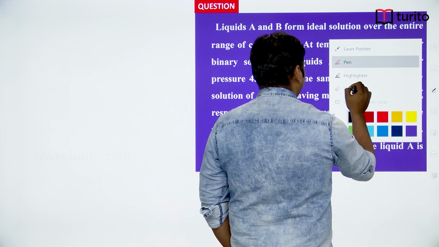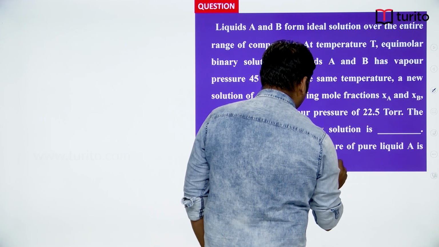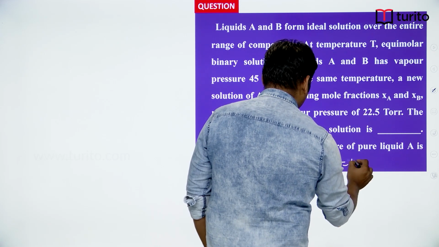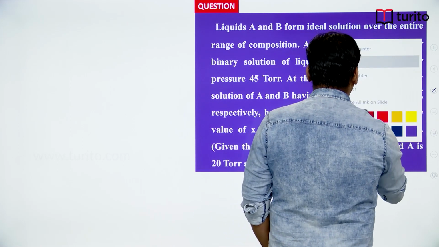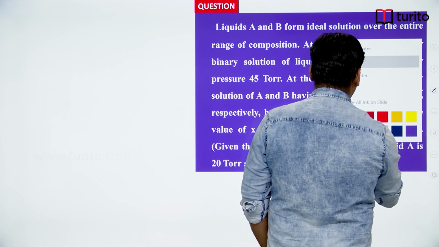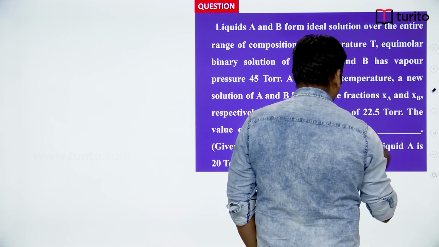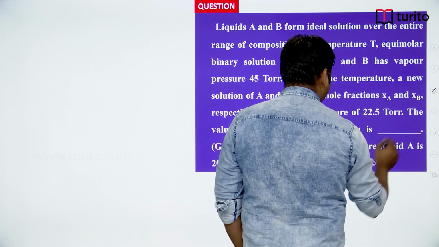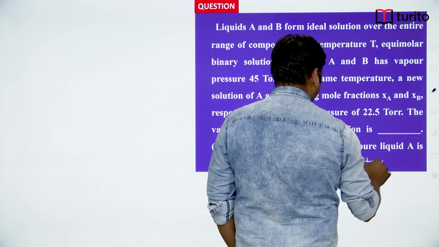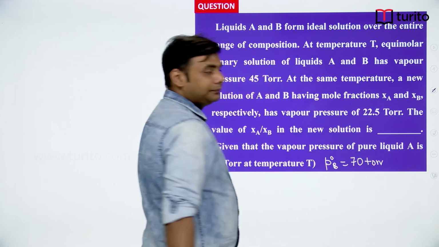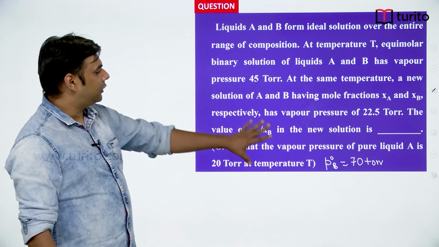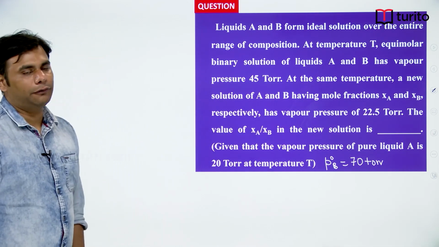Sorry, P naught B was 70 torr. So the first part of the question was basically to find the value of P naught B.